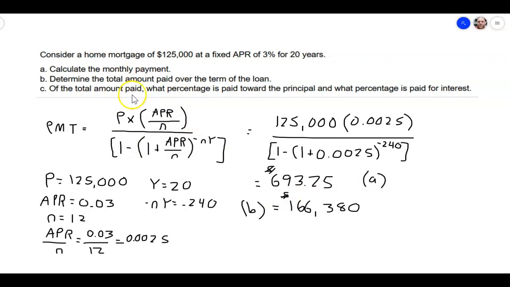Out of the amount paid, what percentage is paid towards the principal and what percentage is paid towards the interest? Well, we have 125,000 of this paid towards the principal, right?